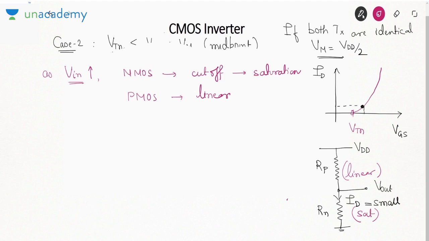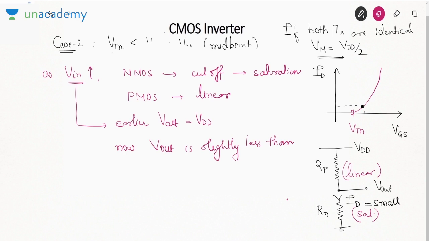And as Vin is increased, we have seen earlier in the previous case the output voltage was VDD, and now Vout is slightly less than VDD, which means Vout decreases. So as you increase the input voltage, the output voltage decreases and the NMOS transistor enters the saturation region, whereas the PMOS transistor stays in the linear region.